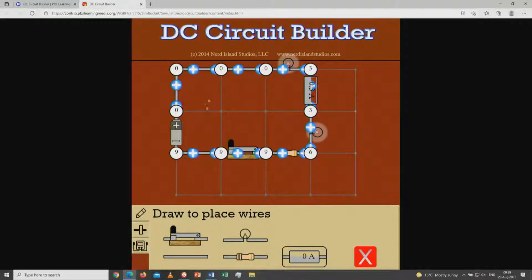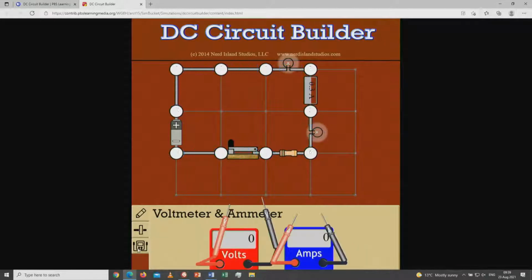So in here you already have an inbuilt voltmeter, and an ammeter can also be added to the circuit so that you can record both the voltage and the current. Like I said, there's really no need for you to use these tools, although they are there.